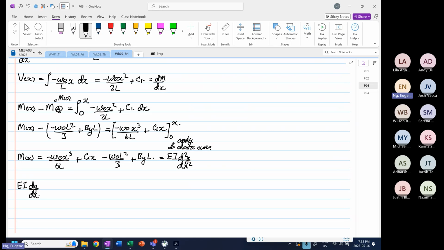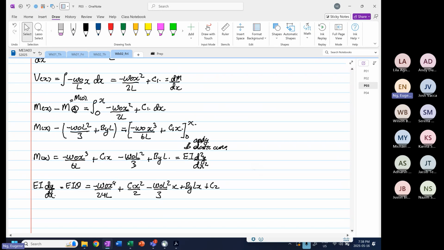So this will be equal to EI theta, which will be equal to minus omega naught x to the 4 over 24L plus C1 x squared over 2 minus omega naught L squared over 3 x. And then we plus ByLx. And then we plus C2. Okay.